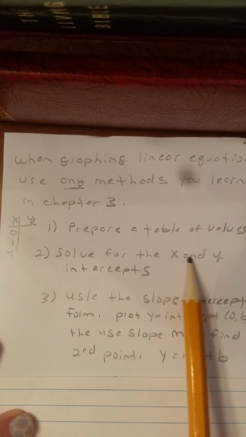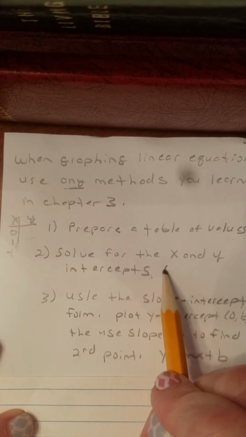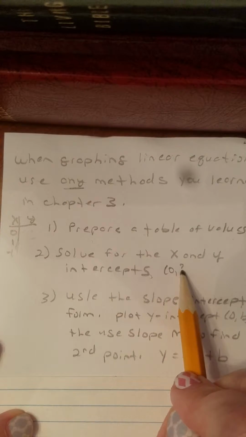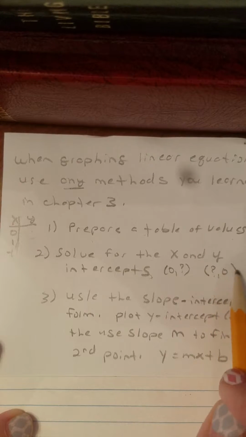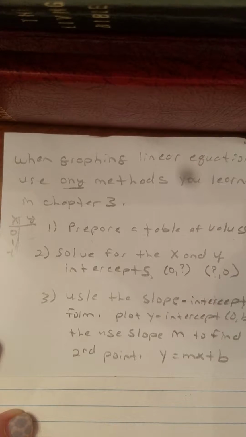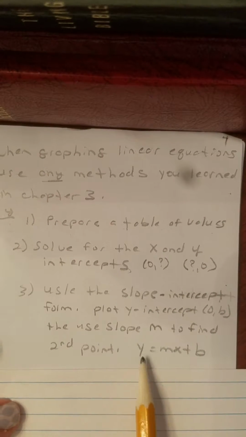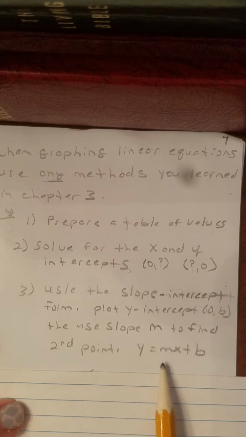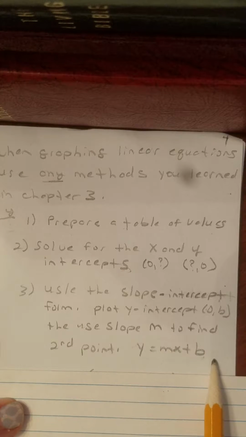The other is you can solve for the x and y intercepts. Remember, that's when you let x equal 0, what is y? And what is x when y is 0? And of course, the third way is the slope-intercept form, y equals mx plus b.